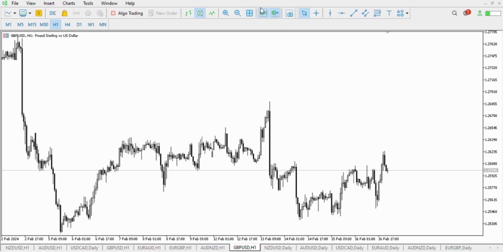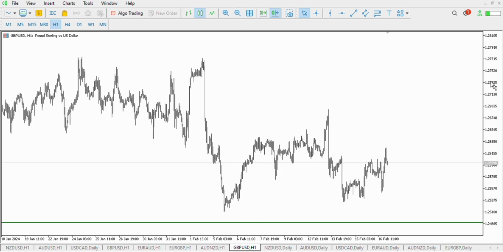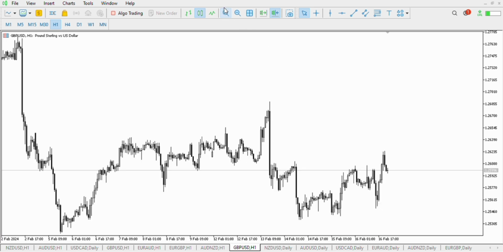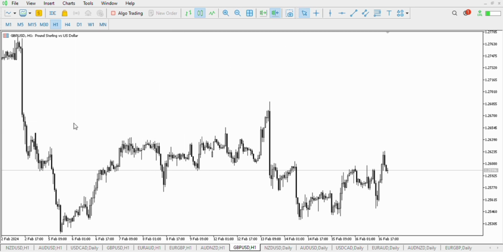Let me see if I can decrease that a little bit. Okay, we are not able to see those areas I shaded. However, we can just look at what we have right here and have one or two biases on the 1 hour time frame. We have a clear understanding that overall it is a bearish market on the daily time frame.